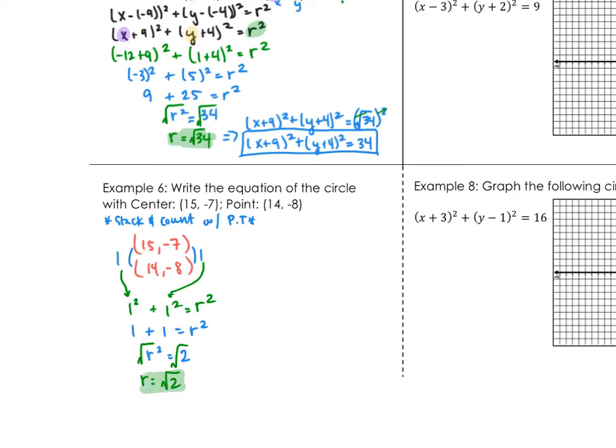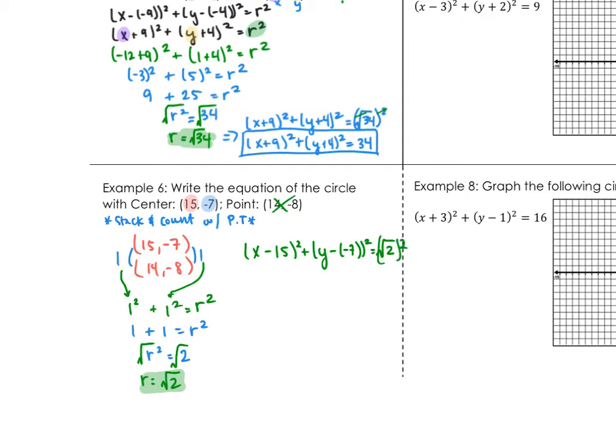We're going to plug that in for r. I have h and I have k. We no longer need this point. Now we can plug into the formula for the equation of the circle. So it's x minus h, which is 15, squared, plus y minus k, so -7, squared, equals my radius, which is the square root of 2, squared.